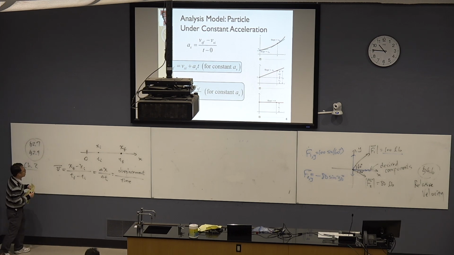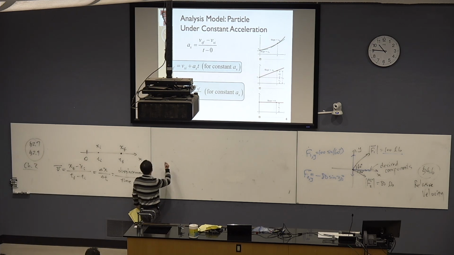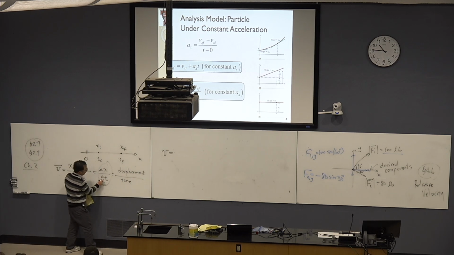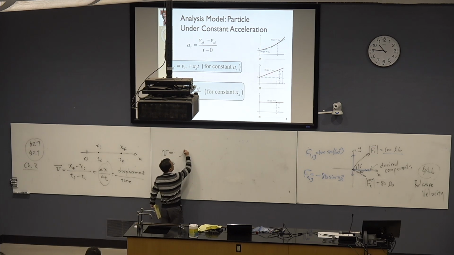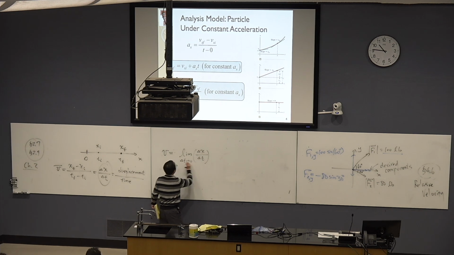So now the next step is, once you have average velocity, you can define a so-called instantaneous velocity. Once you have this ratio here, if you make your time interval smaller and smaller, you can take a limit of this ratio and make delta t approach 0, then this ratio will give you the definition of instantaneous velocity.